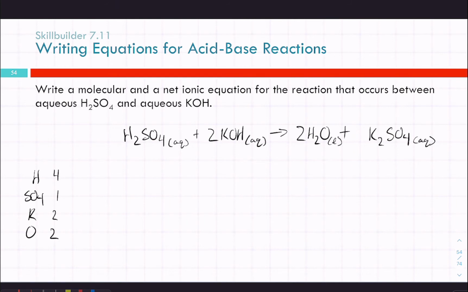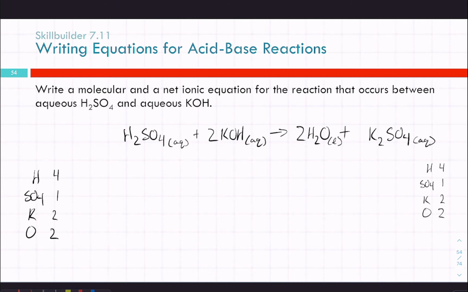Two. Looks balanced to me. Did I miss something?